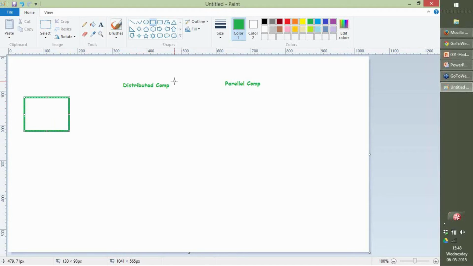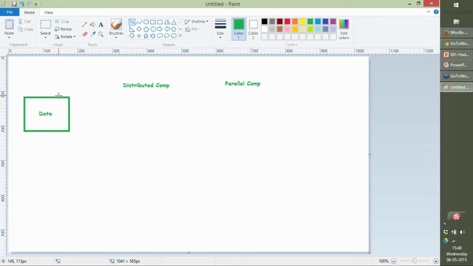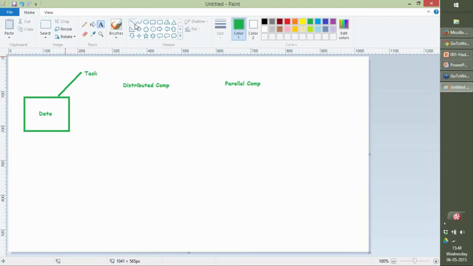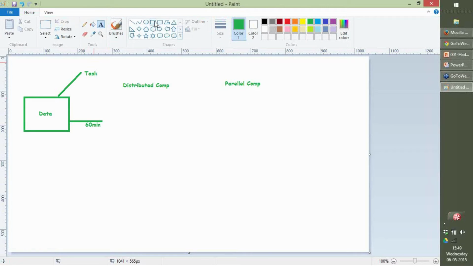So let's see. This is the data that I have, and I want to process this data with some task. This may take approximately 60 minutes to process this much data. Instead, I will divide this data into 3 smaller parts and write a task which can handle every part of the data.